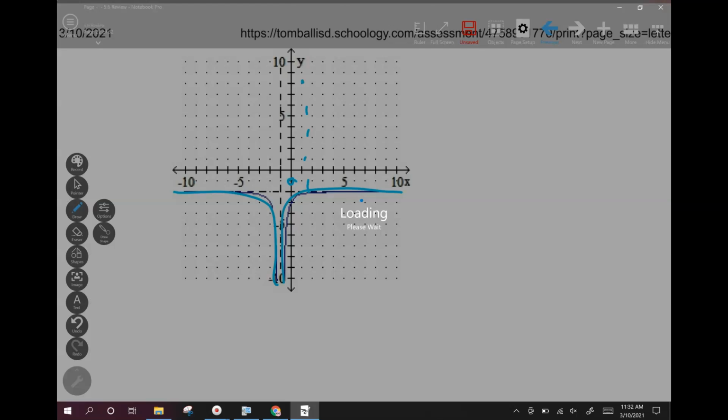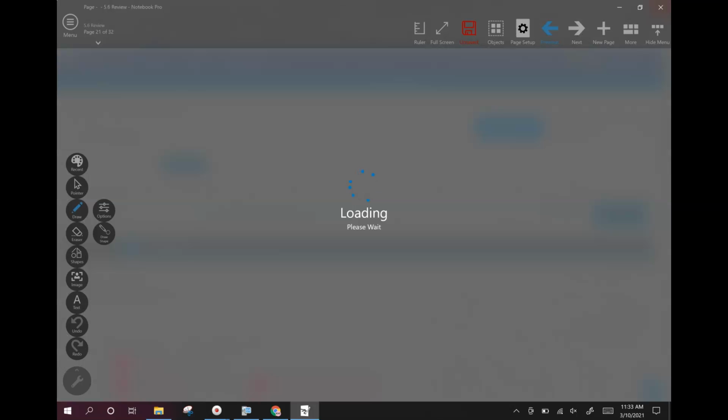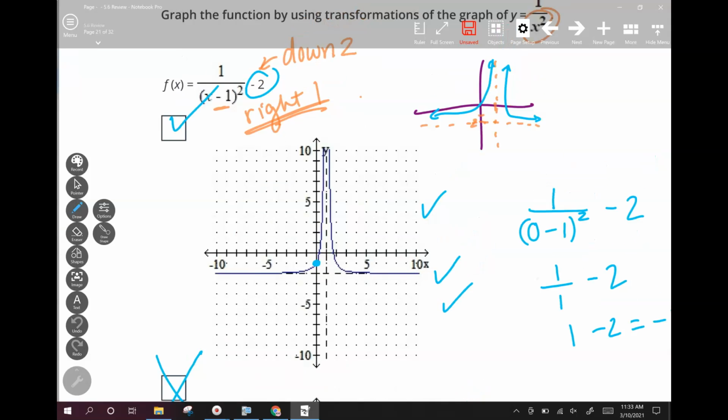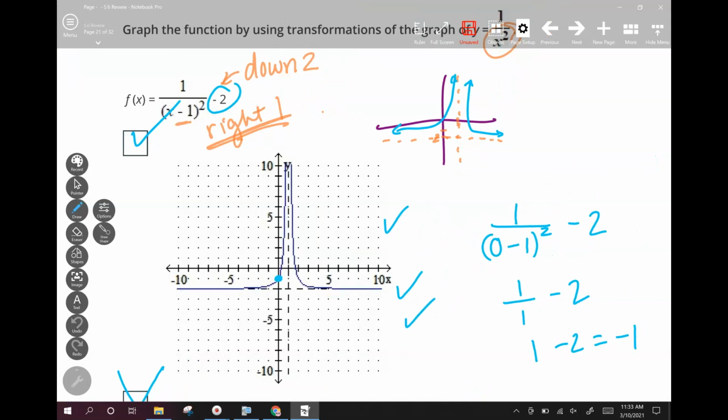So multiple things make that one incorrect. So A is the correct answer on this one. So just by getting my transformations, which also tells you your asymptotes, and knowing the shape should be both sides up, and then I double checked by finding my y-intercept.